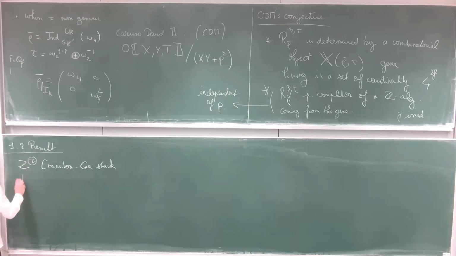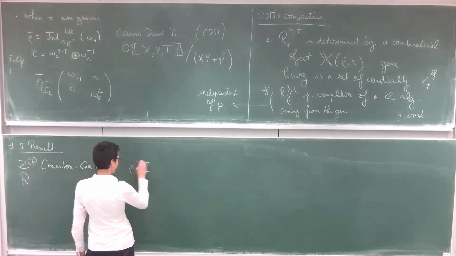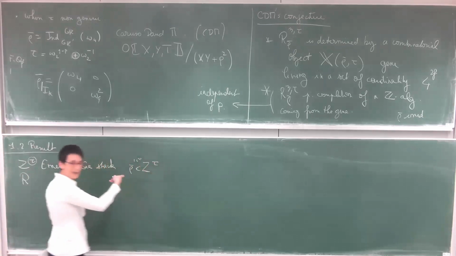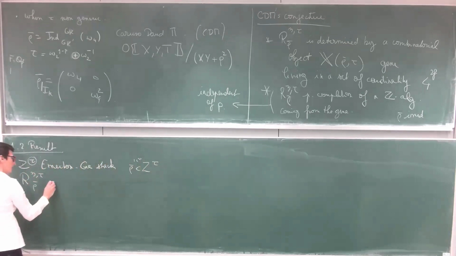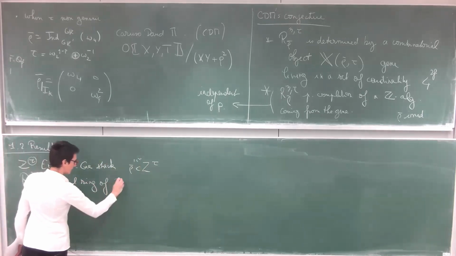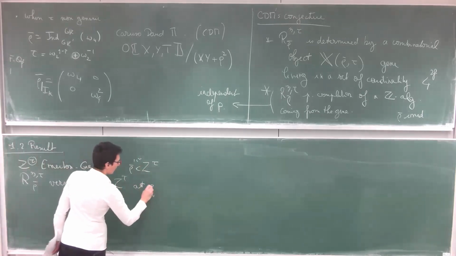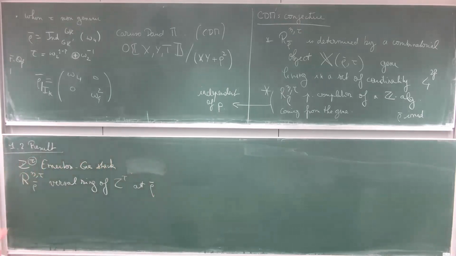It's because if you take a point on this stack, in fact, you can see this ring as a versal ring of the stack at Obar.